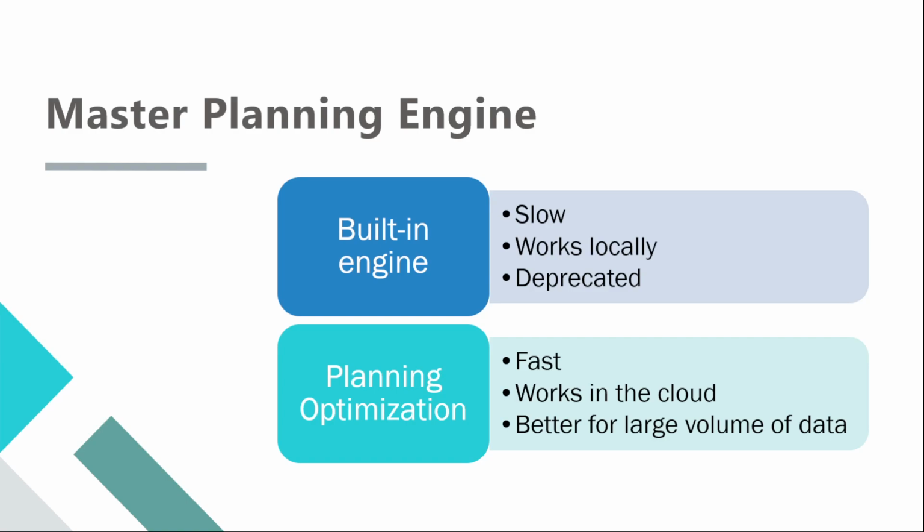It is ideal for real time planning in high volume environments. Microsoft recommends using planning optimization for all new projects because it is the current supported version for master planning, and we should be aware the built-in engine is deprecated and not supported by Microsoft anymore.